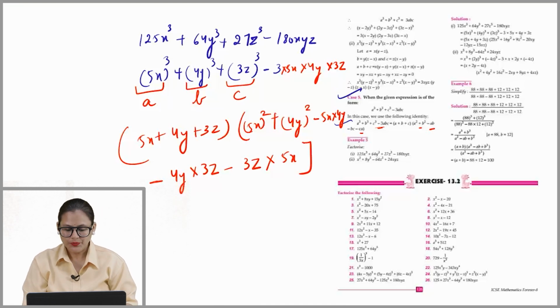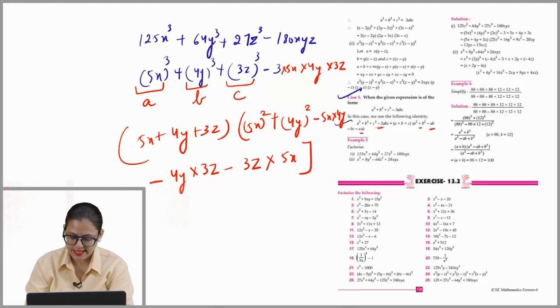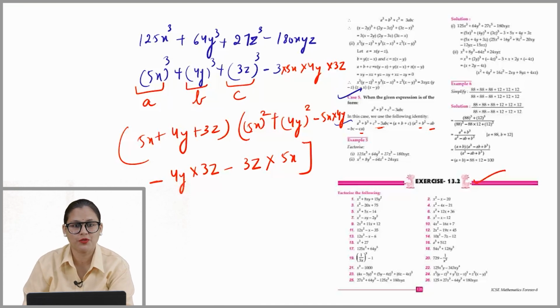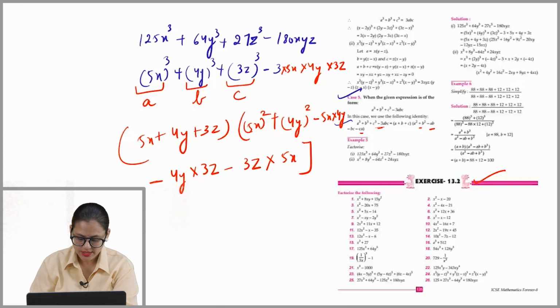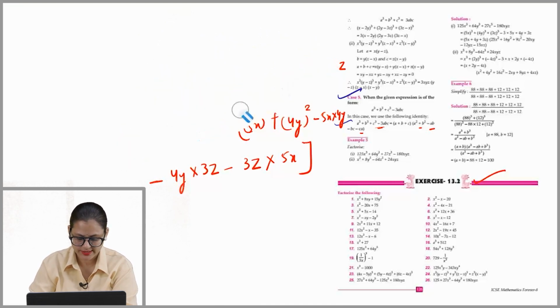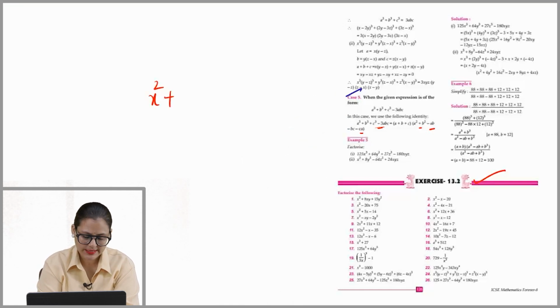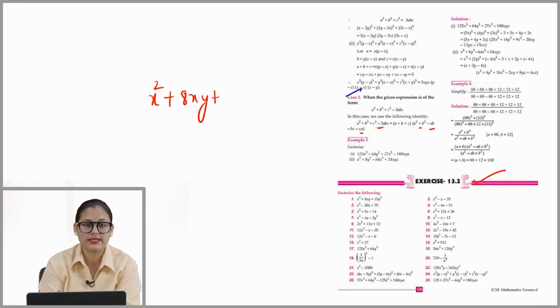Okay. Now, let's do exercise 13.2. Factorize the following. Okay. So, what does first question say? We have to factorize x square plus 8xy plus 15y square.